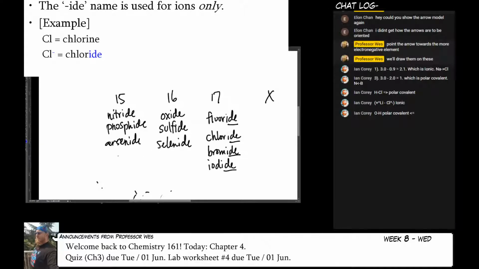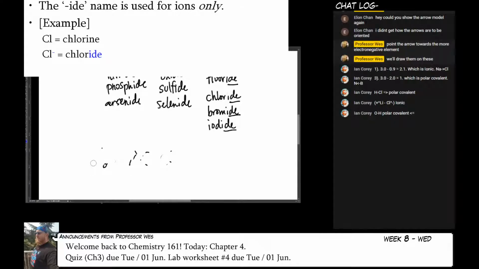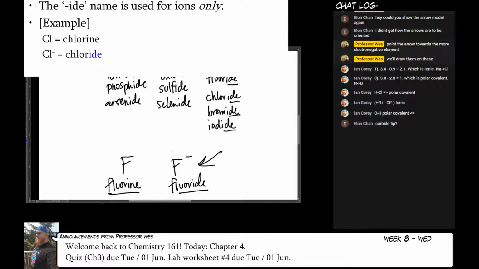So there's our ides. Now you'll notice that up at the top it says the ide name is used for ions only. So be very careful that you are not accidentally calling something with ide when it shouldn't be. So for example, this is fluorine, but this is fluoride. This is what's in your toothpaste.